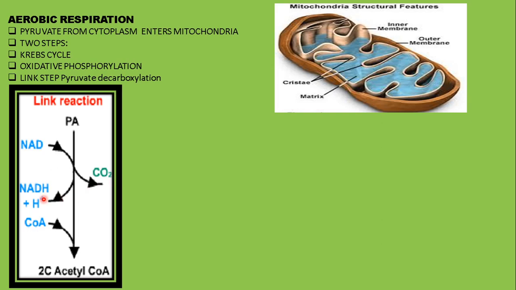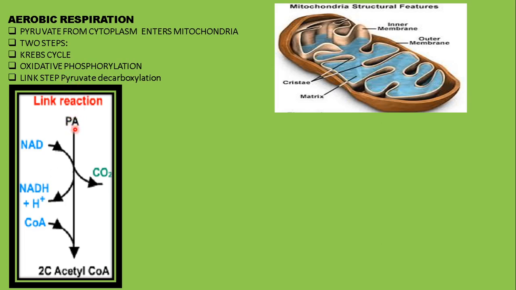These are the yields. Now if you can recall, from one glucose molecule, two pyruvic acid molecules are yielded. Both the pyruvic acid molecules will undergo this link reaction, because finally what we are going to learn is the yield of energy from one glucose. So at every step you have to keep reminding yourself that we started from one glucose molecule.